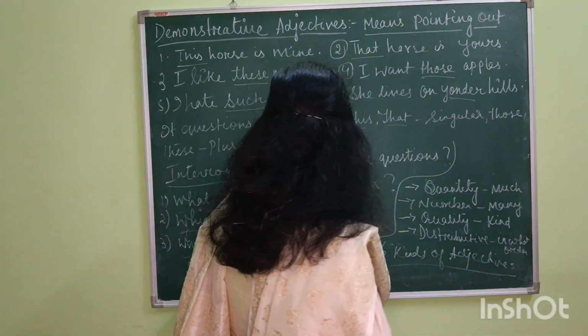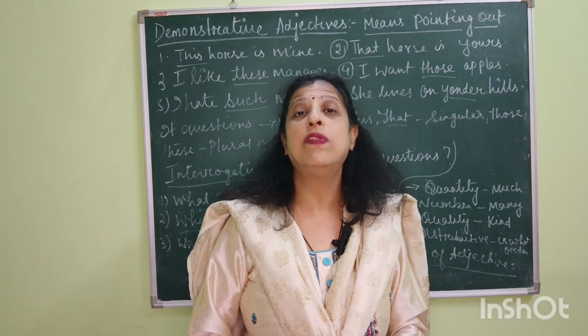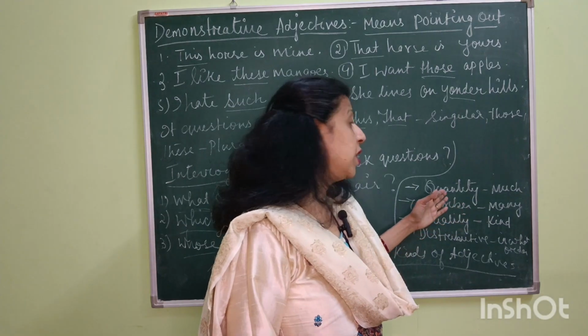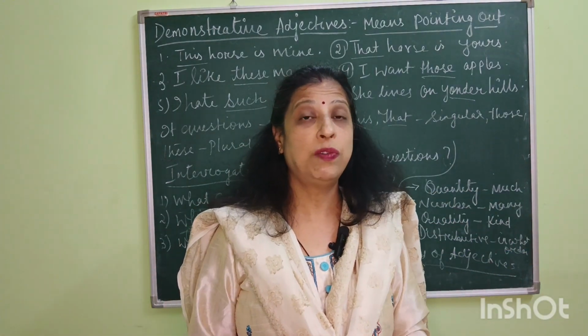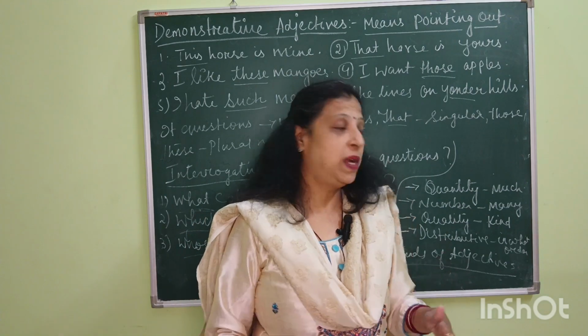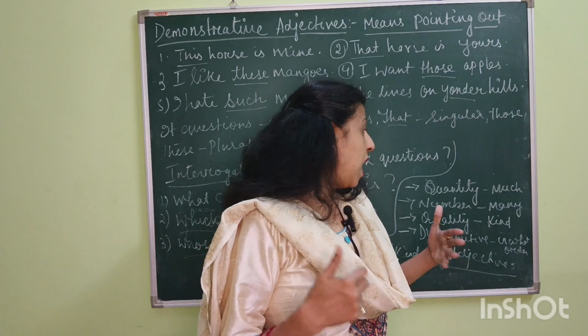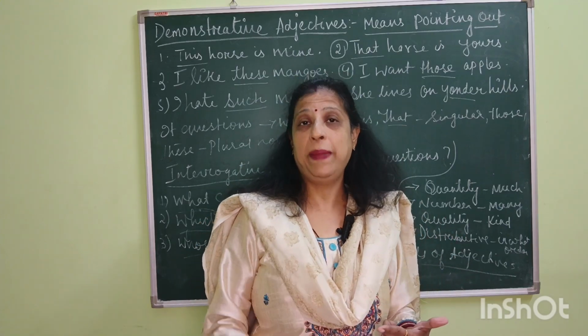Okay, so now here we have already finished with the various kinds of adjectives. First we did adjective of quantity, which tells us how much. Adjective of number tells us how many.